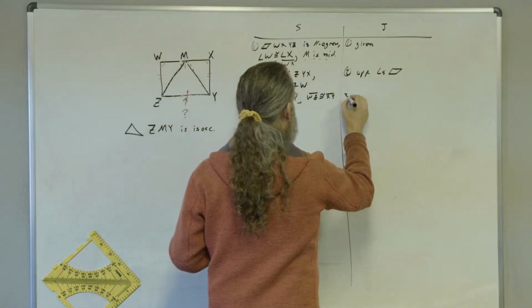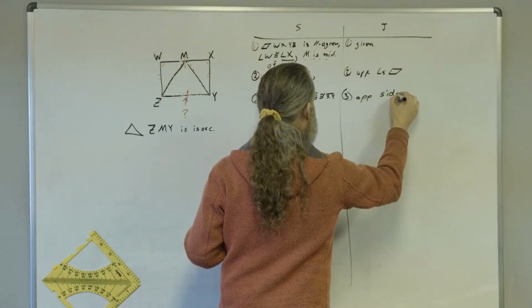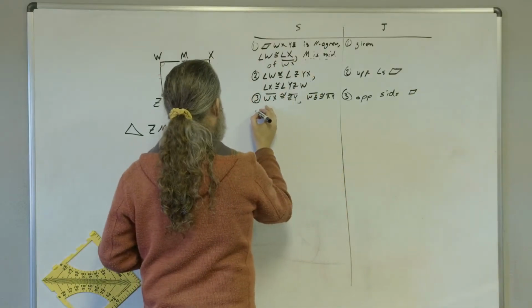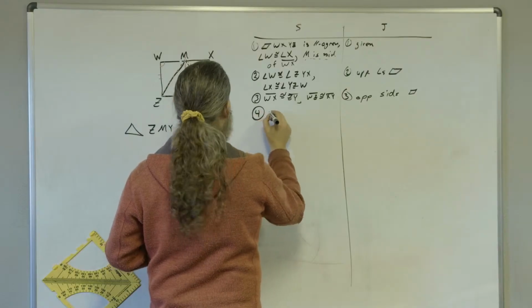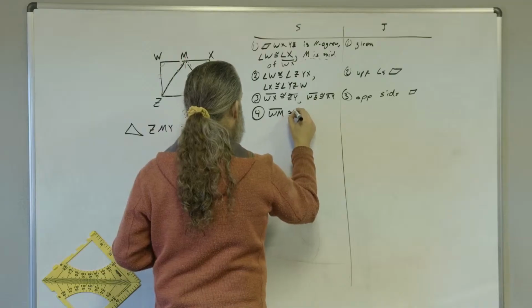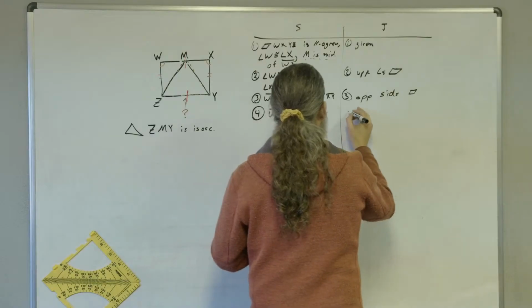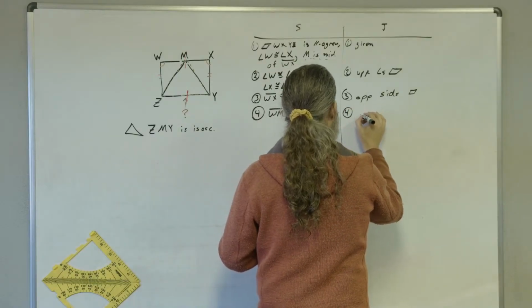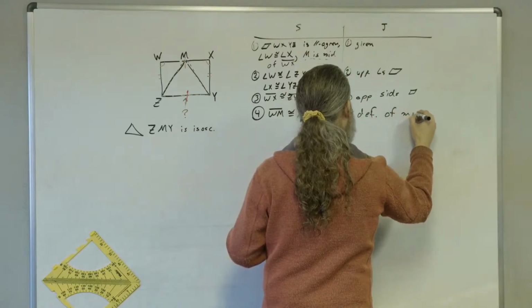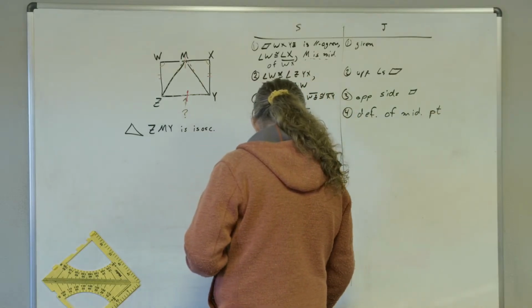Opposite sides of a parallelogram. Great. WM is congruent to XM because of midpoint. All right, and label that.